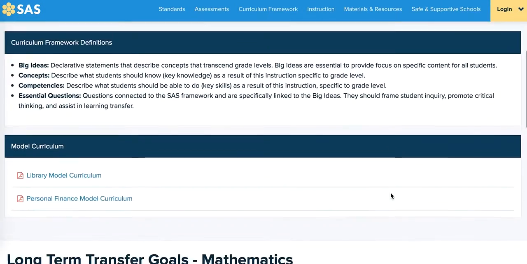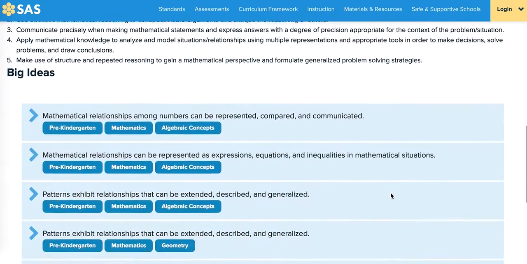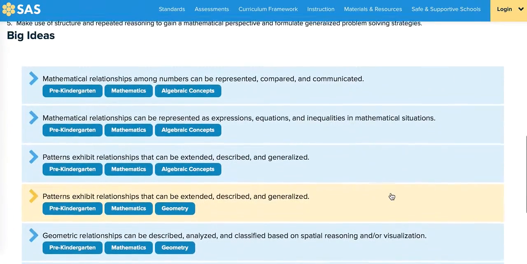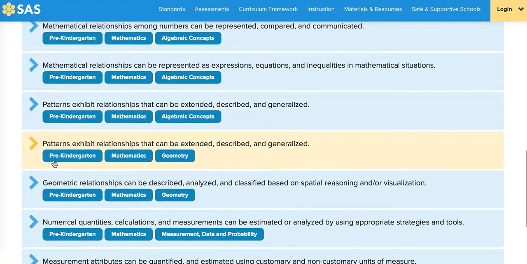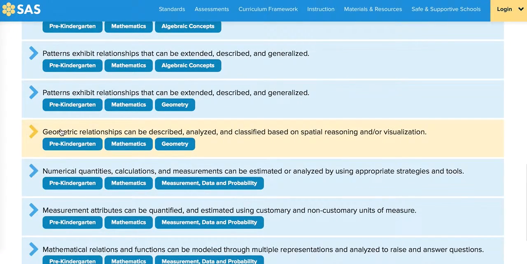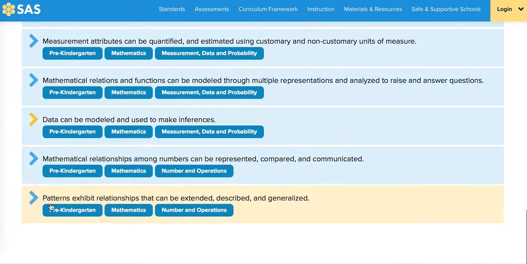And now we can go down and we can see the big ideas that in math, students in pre-K will be responsible for knowing. So we have mathematical relationships among numbers can be represented, compared, and communicated. We have another one about relationships. We have one about patterns. We have one about geometric relationships. You can see there's quite a few.